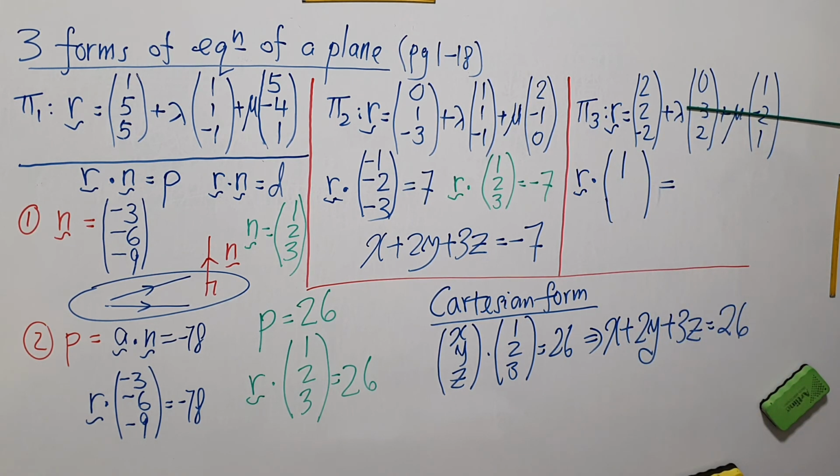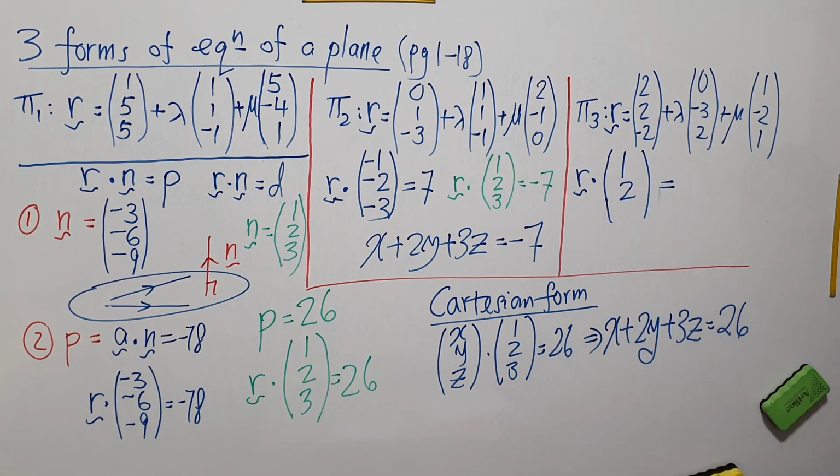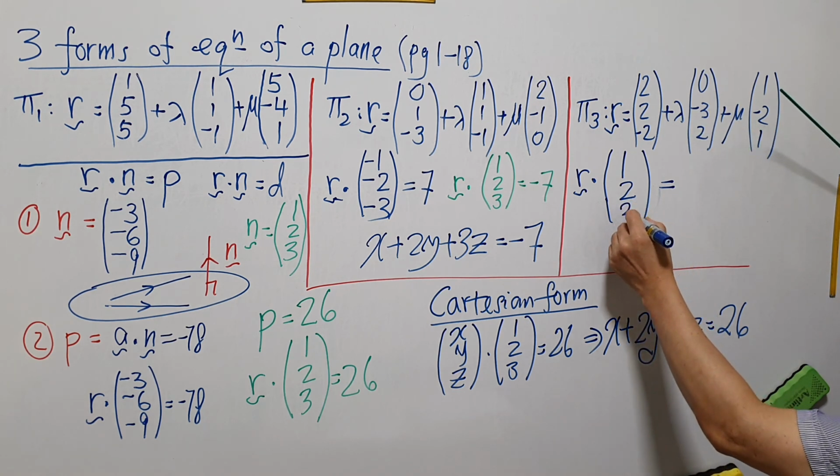Cover the second one, it is 2. Cover the third one: 0 minus 2... that one is going to be 3.